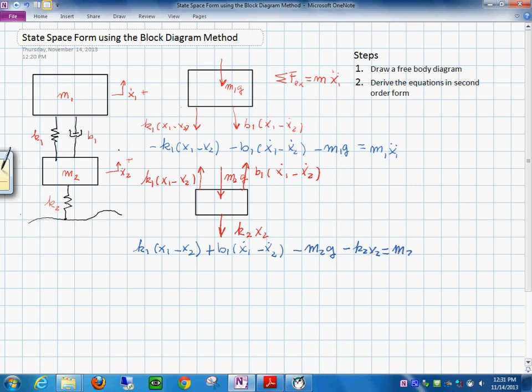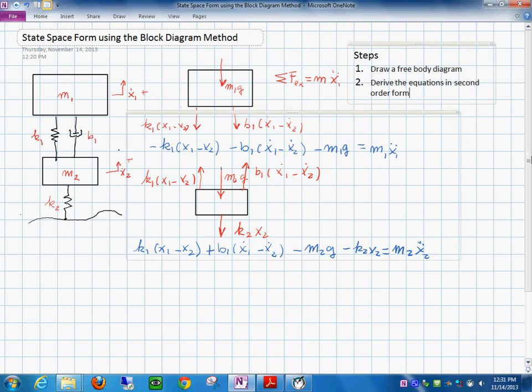This is going to be m sub 2 times x sub 2 double dot, like that. Okay, so now I have derived the two equations in second order form. I did my free body diagram. Everything is cool so far.